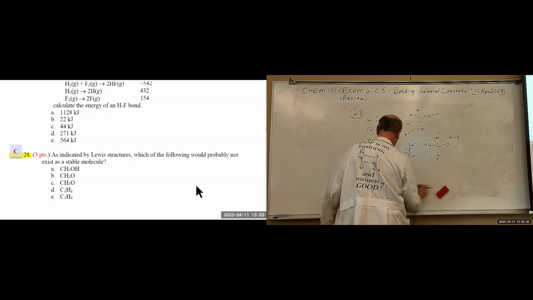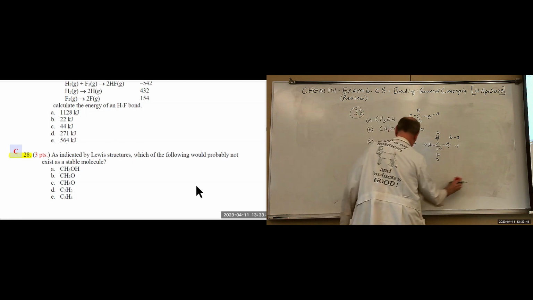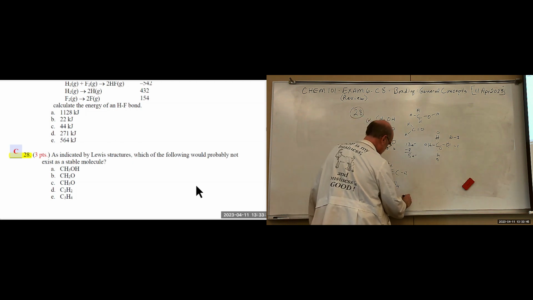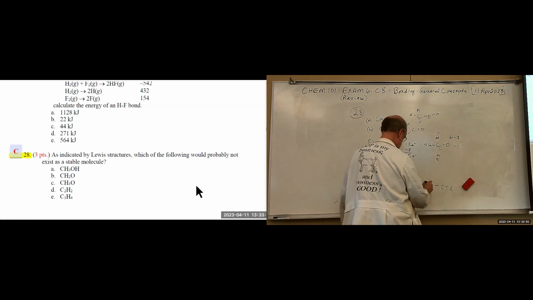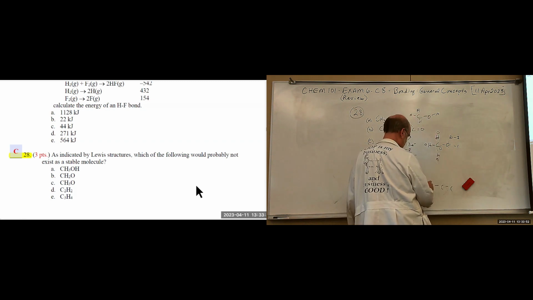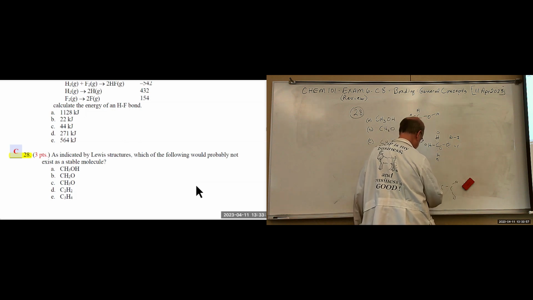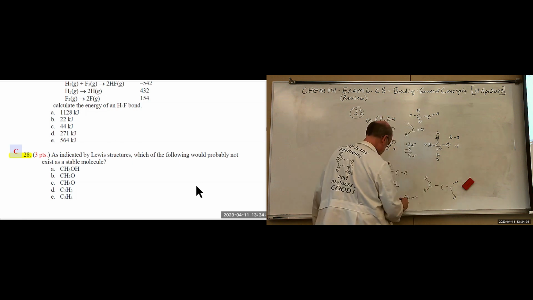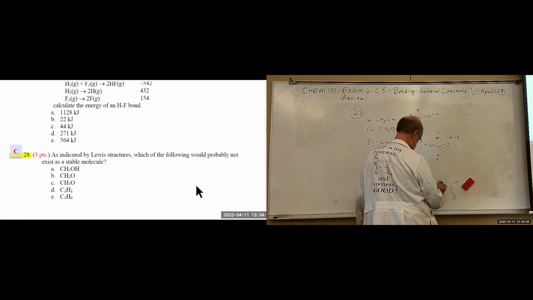C3H4. I'm not sure what this one is. So that would be 3 times 4 is 12, and that would be 4. So we have 16 electrons. We have 3 carbons. And where are we going to put the hydrogens? 4 hydrogens, like this. Okay, 2, 4, 6, 8, 10, 12. So we have 4 electrons left, and they have to go 2, 4, 6, 8.